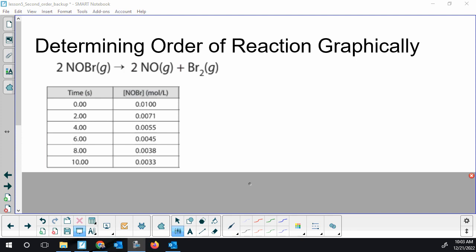Is this first order, second order, third order? And just looking at it, it's going to be very difficult to figure out what the order is. Is this dropping straight, or do we have to take the natural log or inverse to figure out whether we get a linear relationship? So here's our straight up data. If time versus the straight up concentration is linear, then we'd have zero order.